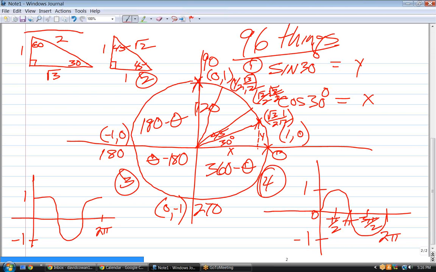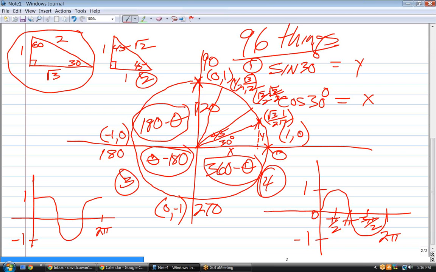Well, I have to memorize 3 things there, and that's 1, root 3, and 2. Here, I have to memorize 3 things. 1, 1, root 2. Here, I have to memorize 3 things. 180 minus theta, theta minus 180, 360 minus theta.